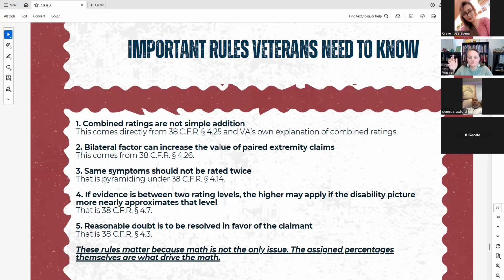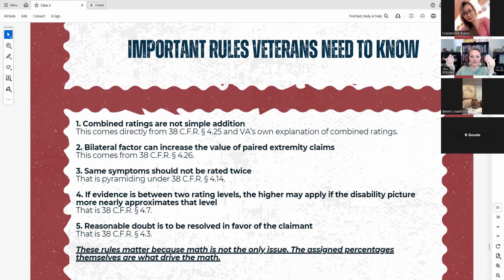So basically, under 38 CFR 4.3, if the rater has two things and they're not sure which applies, let's say one doctor says 50% and one doctor says 70%, the rater is supposed to give you the higher rating.